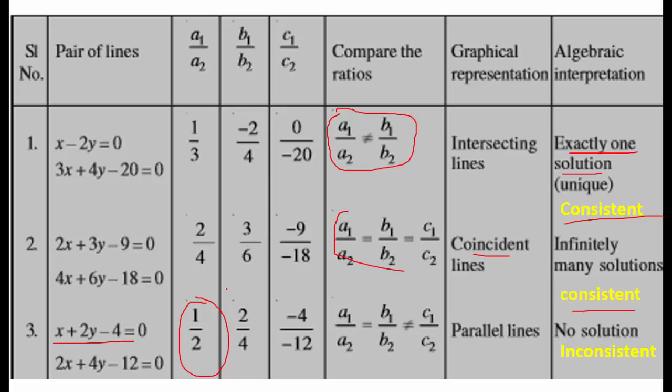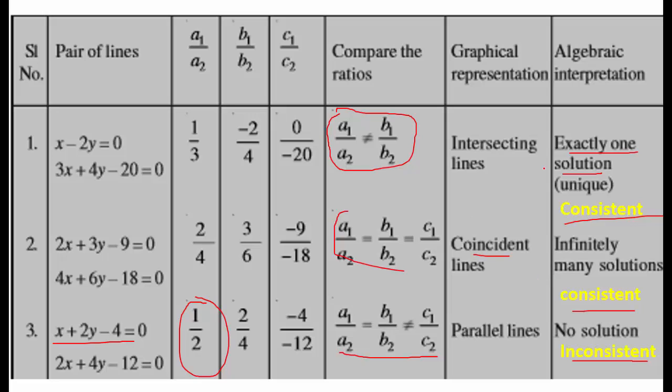Now a1 by a2 and b1 by b2 are equal but not equal to c1 by c2. This is the condition for parallel lines: a1 by a2 equals b1 by b2 not equal to c1 by c2. You know that there is no point which satisfies both the lines, so it has no solution. And if it has no solution, then it is called an inconsistent pair of linear equations.